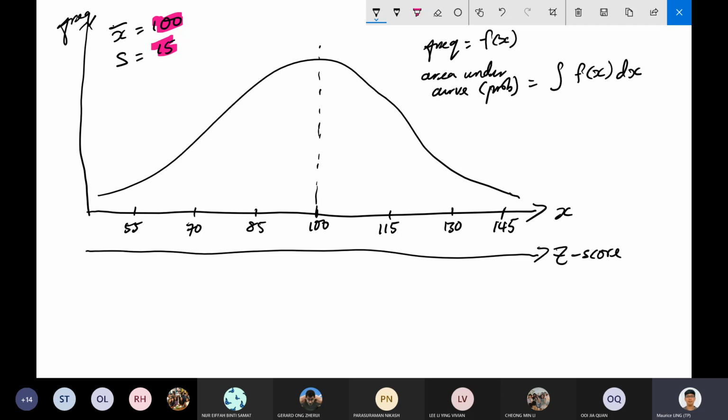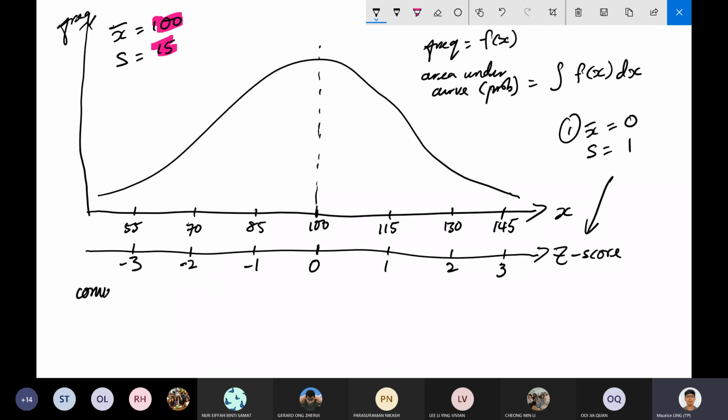The Z-score table will have these properties. Number one, the mean is always 0. The standard deviation is always 1. Okay, so which means that here it's actually 0, 1 standard deviation, 2 standard deviation, 3 standard deviation, minus 1 standard deviation, minus 2 standard deviation, minus 3 standard deviation. So every time before you do anything, you have to do one important step.